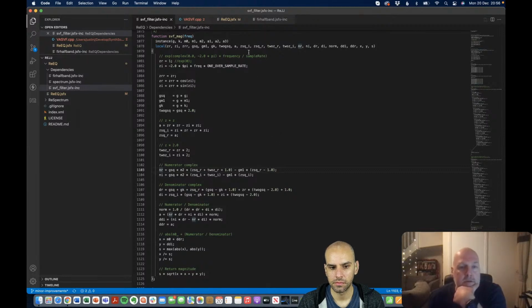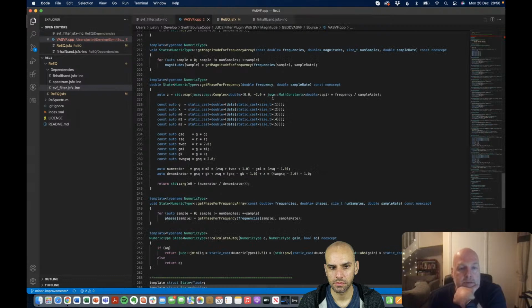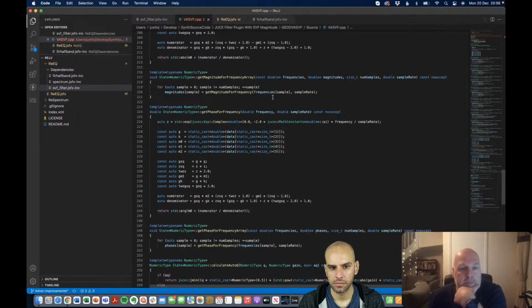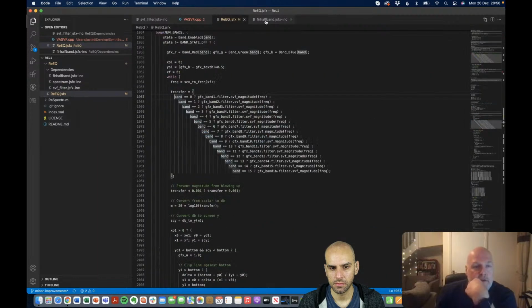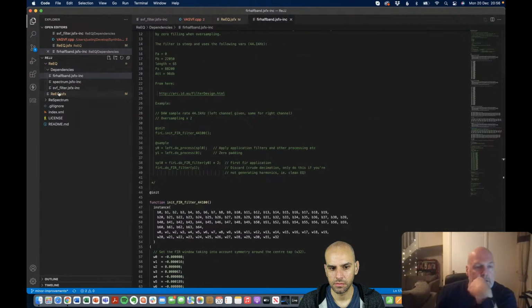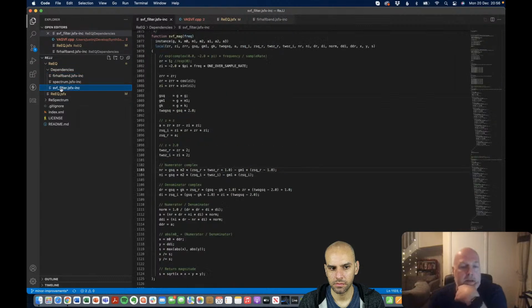So let me see. Now the thing is, the ReEQ code that I've got that does that, let me just get to the right thing. It probably looks a little bit more opaque than it should, because the way you do it is easiest to see when you're just dealing with complex numbers.